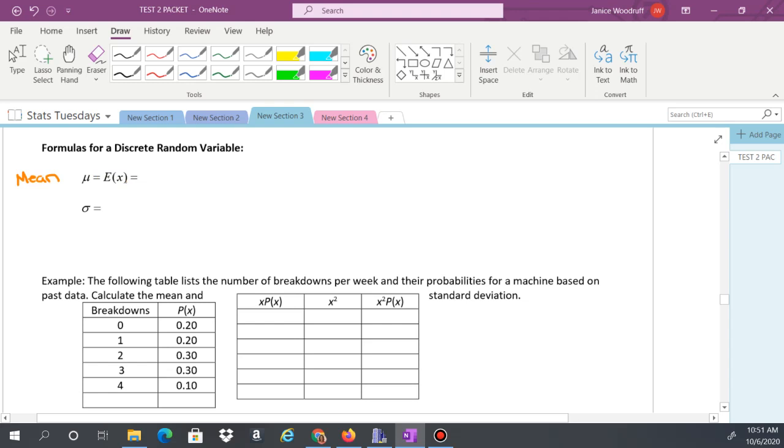Okay, mean is the same thing as expected value here. That's what that E of X is. So E of X is expected value in a probability distribution. And the formula is just the sum of X times P of X. And then the standard deviation, that's your sigma, your lowercase sigma there.